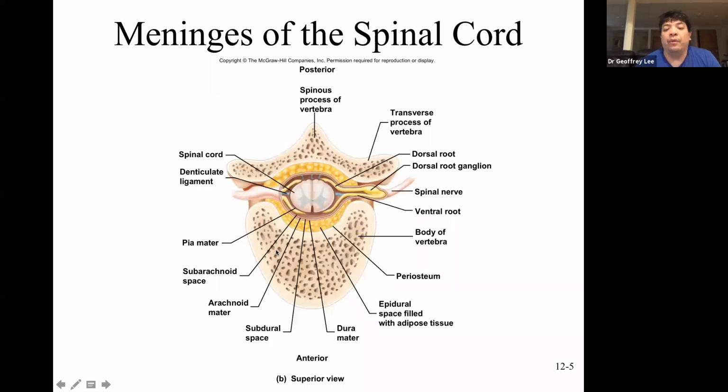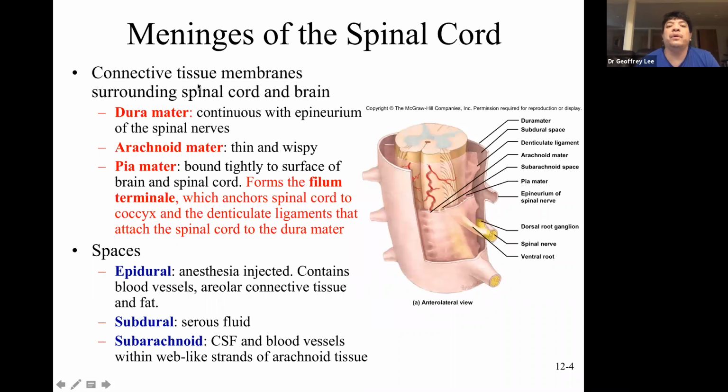Besides the fluid that helps bathe and protect it, you have three layers of connective tissue that we call the meninges. The meninges are sometimes tough, sometimes not as dense and tough, but more functional. The first one, very dense and tough, is called the dura mater. Dura mater, durable matter.